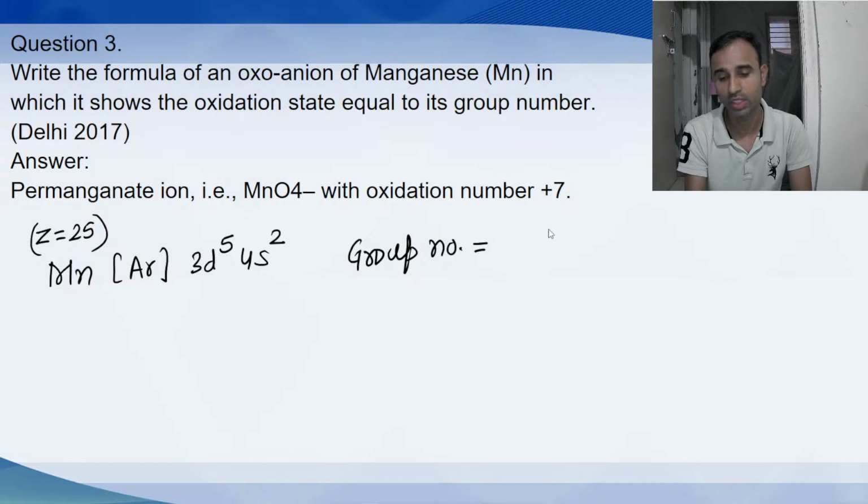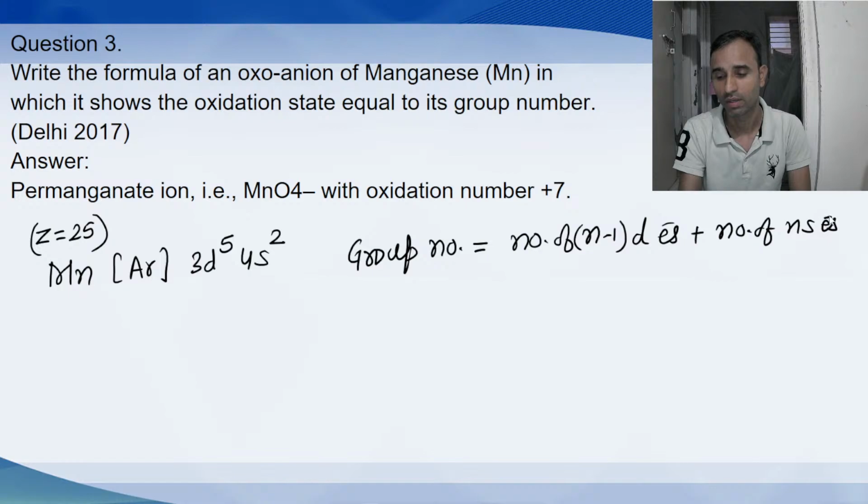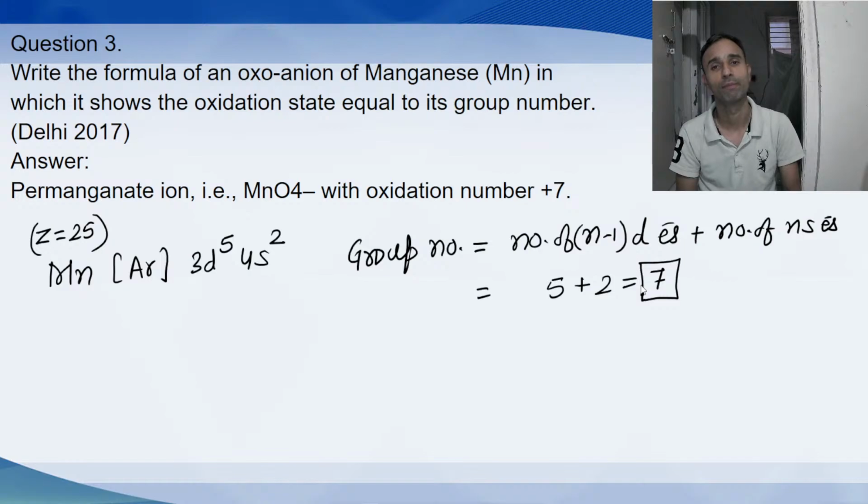Group number is equal to number of (n-1)d electrons plus number of ns electrons. Number of electrons in (n-1)d orbital is 5 and in 4s is 2, so it is 7. So group number is 7.